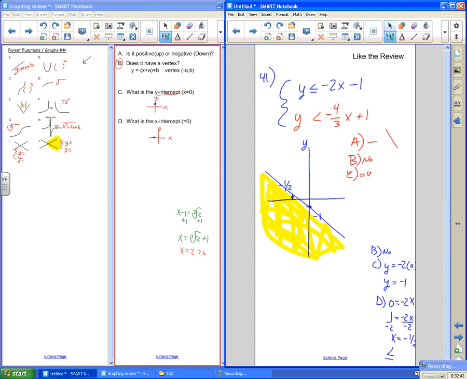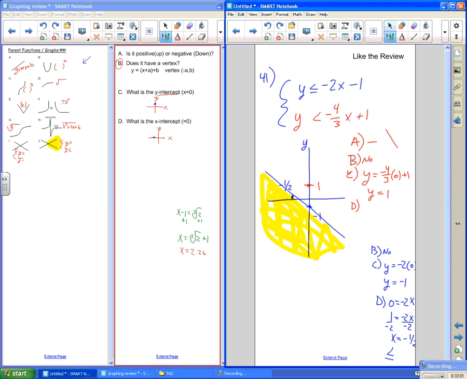What's the y-intercept? So y equals, and we just treat this as an equal with this stuff. Y equals -4/3 times 0 plus 1. 1 here. So my y-intercept is 1. That's where I'm going to hit there.